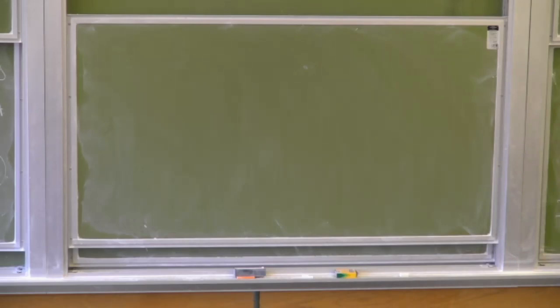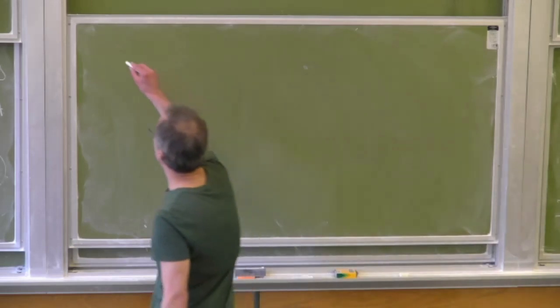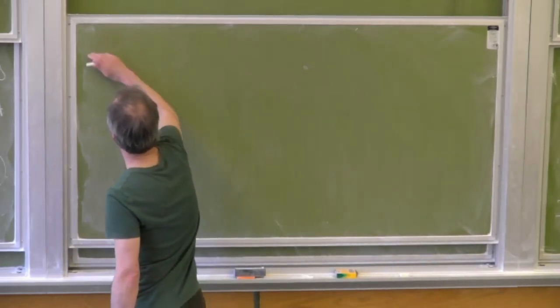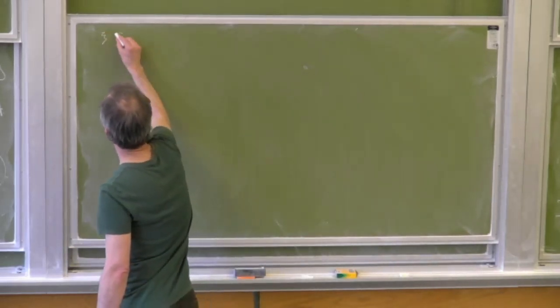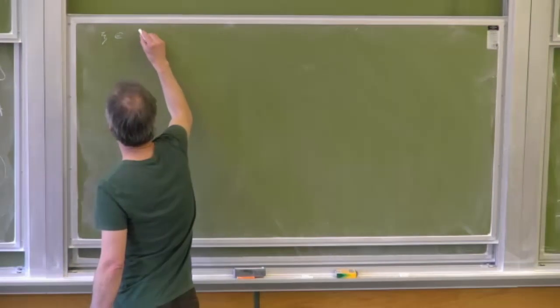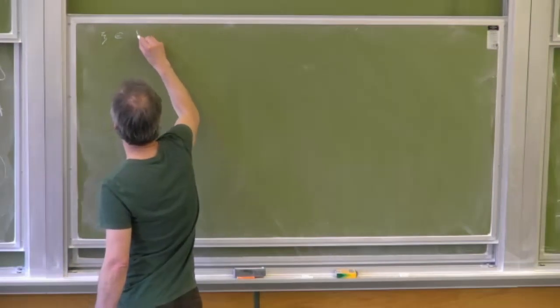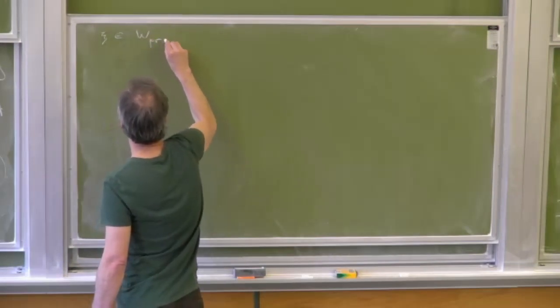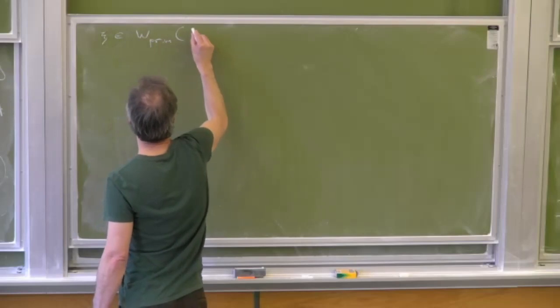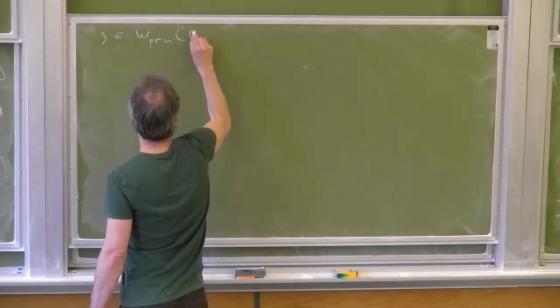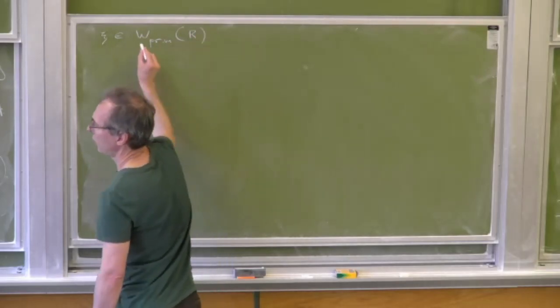Okay, so in particular, I have C, which is a W-primitive Witt vector. I can compose this map.